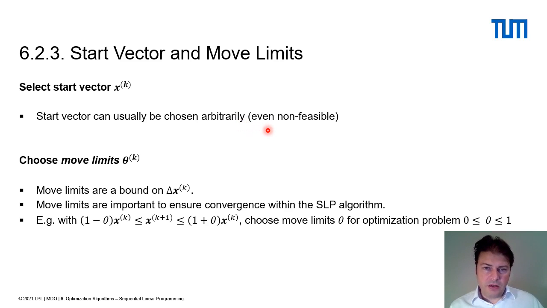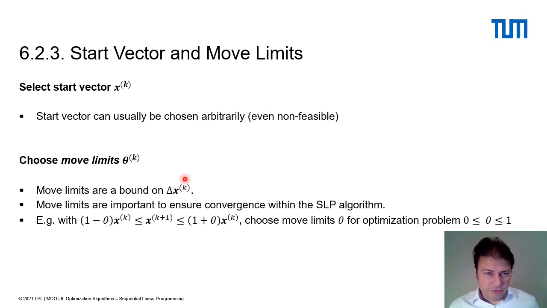It may even be non-feasible. So you can linearize your problem at a non-feasible point, and then enter the linear programming algorithm that will find the feasible domain. Yeah? So this is something you do not need to take care of.